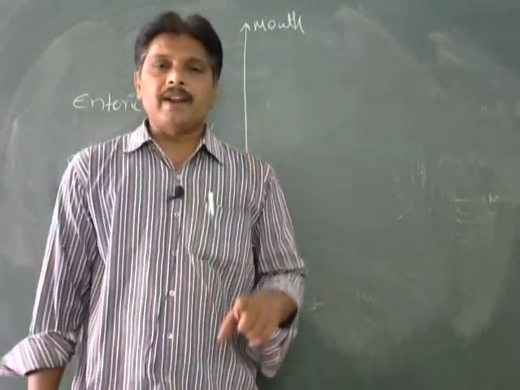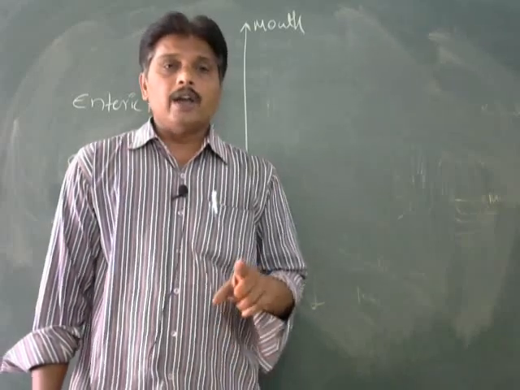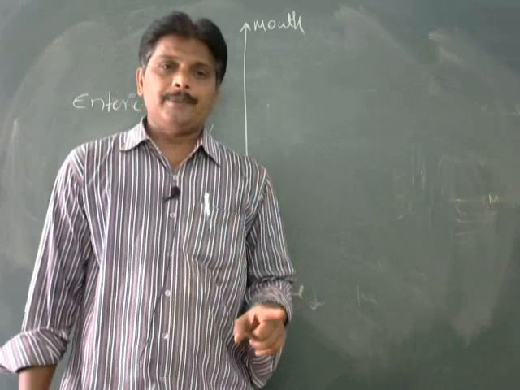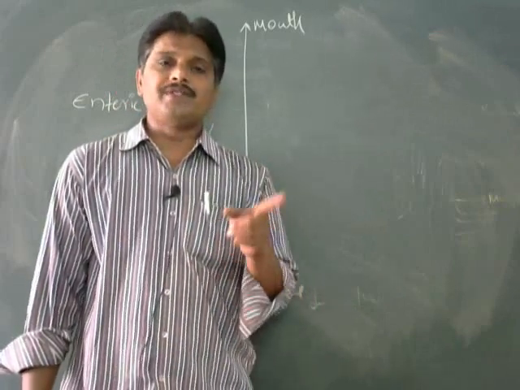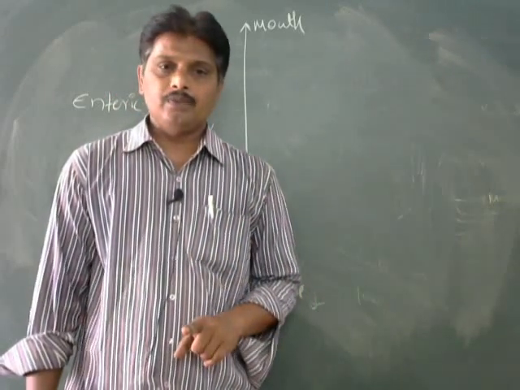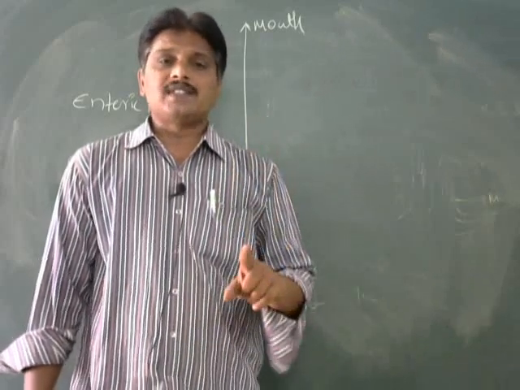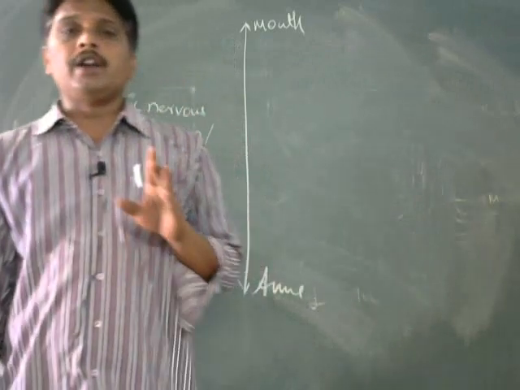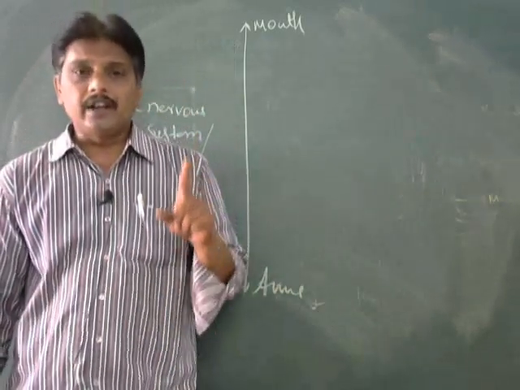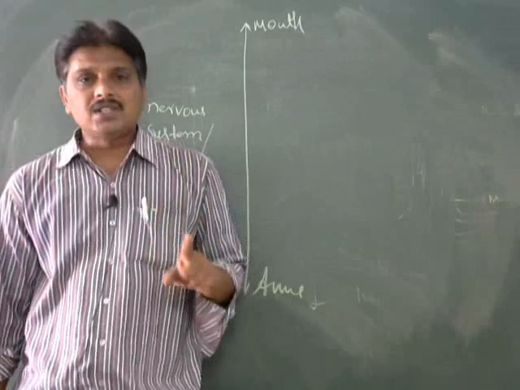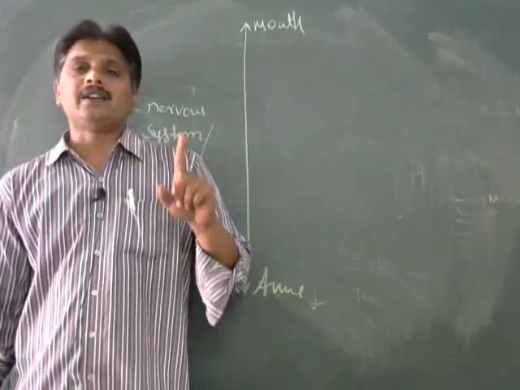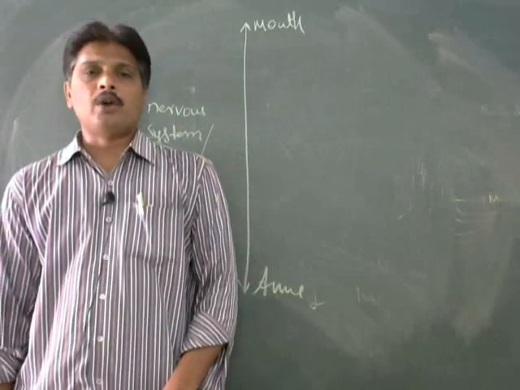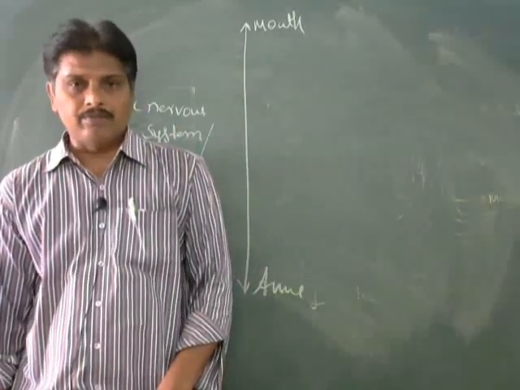They are always dependent on one another. Either directly or indirectly, one system always depends on other systems. No particular system in our body can work individually. Please remember this. This is all about coordination in life processes.